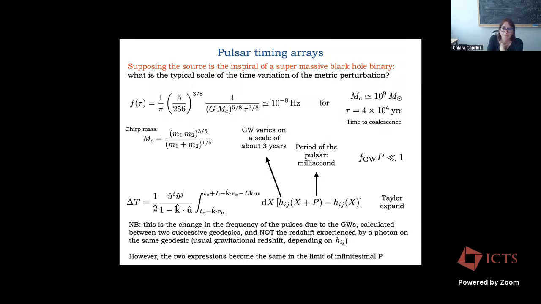The point is that, in order to clarify what is often found in the literature, which might be misleading, I want to state that this is the change in the frequency of the pulses due to the gravitational waves, in the frequency of the pulses at the receiver, calculated between two successive geodesics.